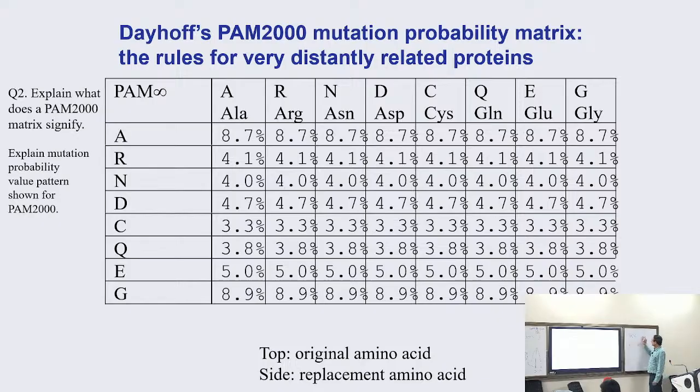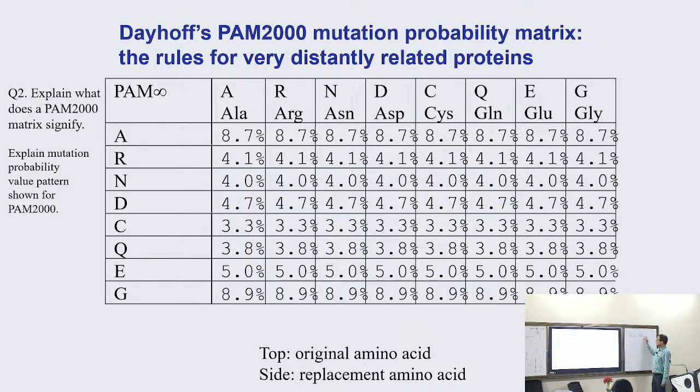Next is probability of A given the ancestral R. Top is original or ancestral, and side is the replacement or descendant.